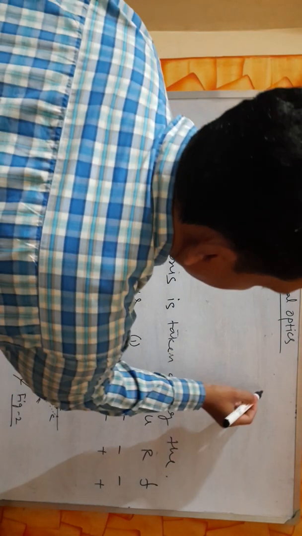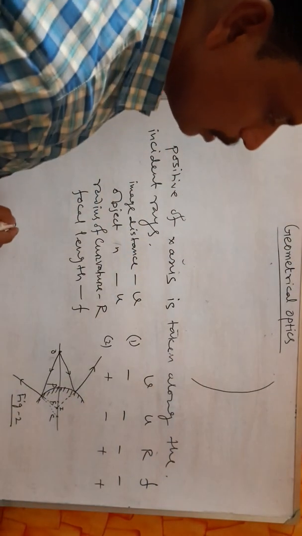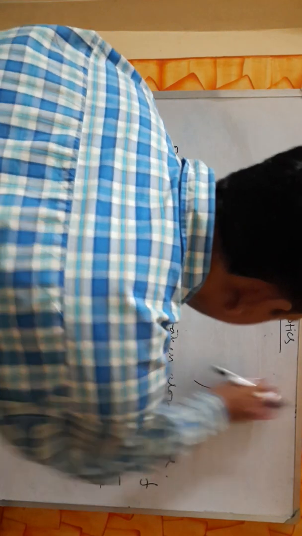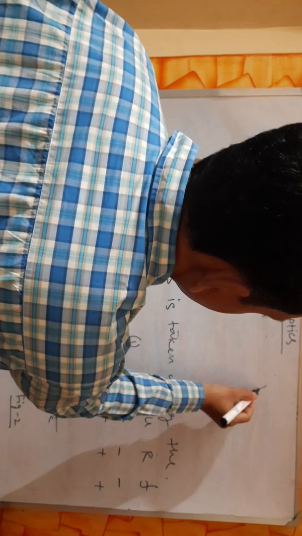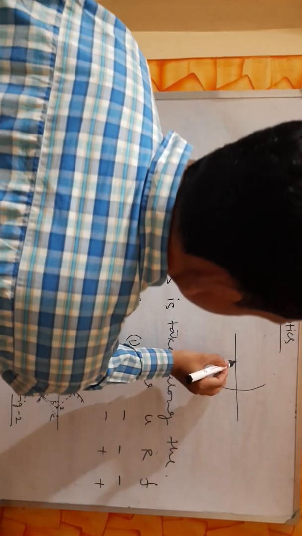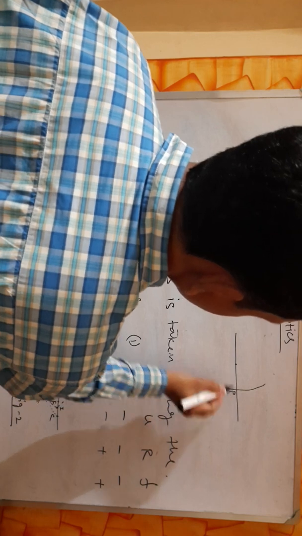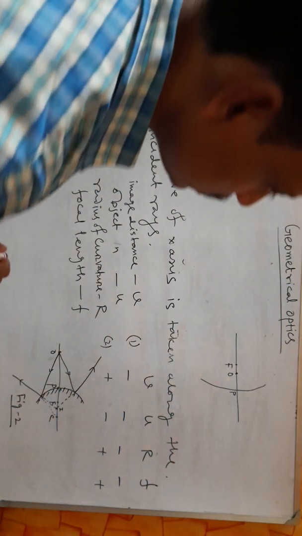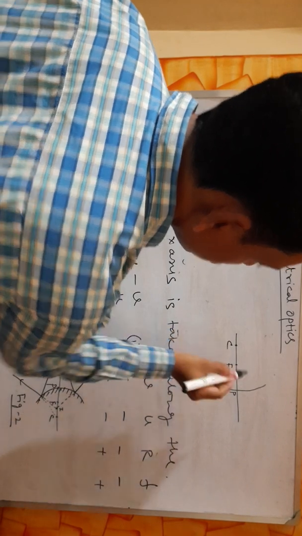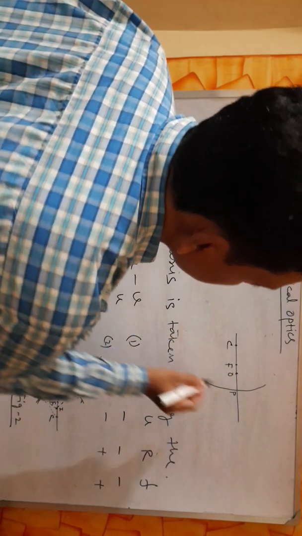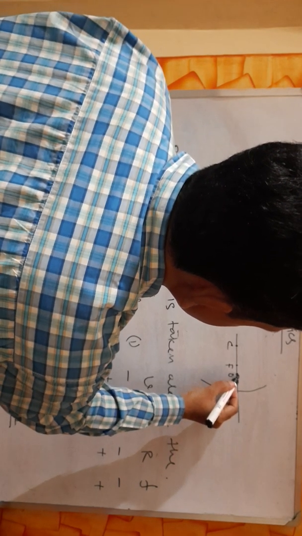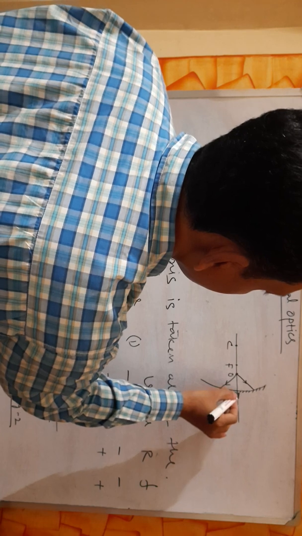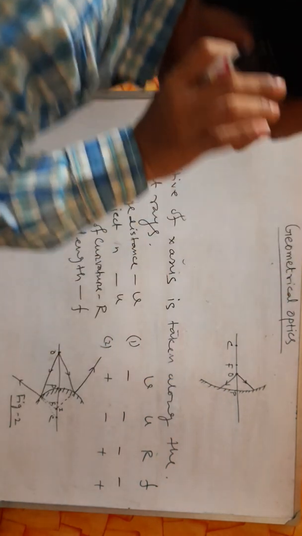But for the concave mirror, when the object is between the pole and focus, say O is the object on the principal axis, then the light rays are incident at the mirror, then the reflected rays.